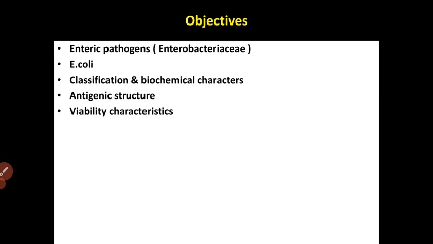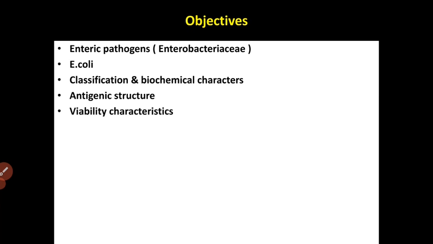Their natural habitat is the intestinal tract of man and animals, though few species may occur in other parts of the body or plants and in soil and water. Fine. And some species are commensals and some are pathogenic for humans.